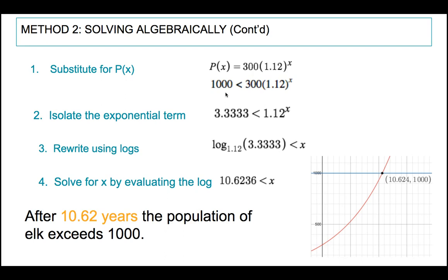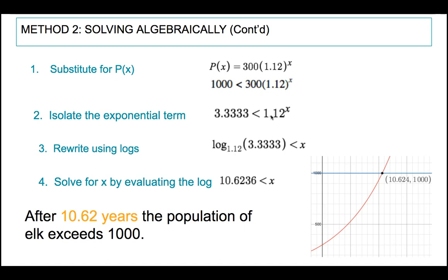The next step in the process is to isolate the exponential term, in this case 1.12 to the x power, by dividing both sides by 300. That gives us 3 1/3 is less than 1.12 to the x power. The next step is to rewrite this exponential inequality using logs.